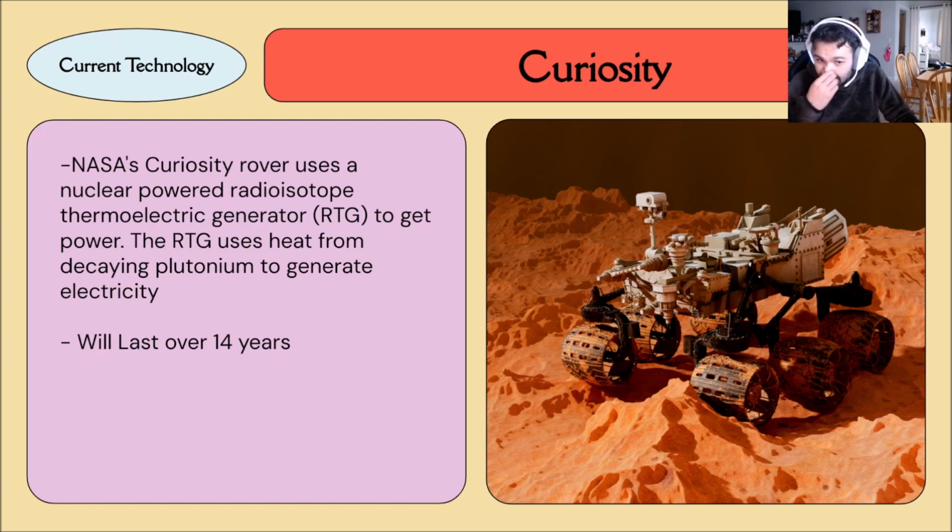More specifically, it used radioisotope thermoelectric generators, RTG. Some people call them nuclear batteries, right? It uses heat from decaying plutonium to generate electricity, and it was projected to last over 14 years. It's still there, and it could be there for longer than 14, 15 years. Who knows?